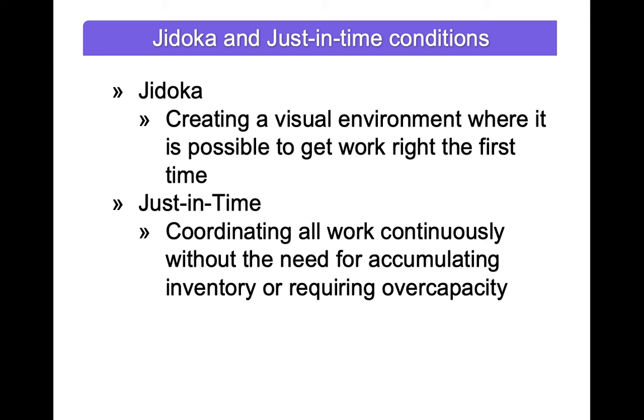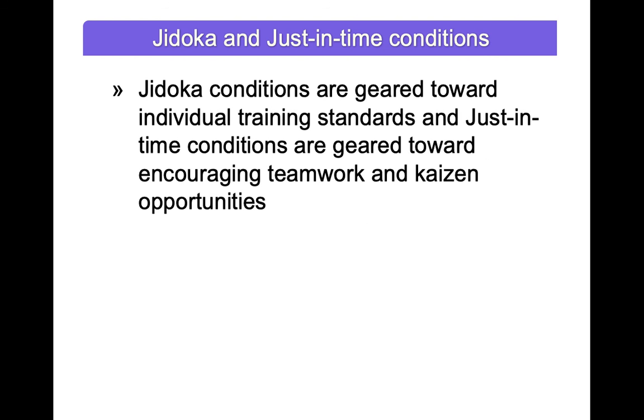Lean production especially. So Jidoka conditions are geared toward individual training standards, and just-in-time conditions are geared towards encouraging teamwork and Kaizen opportunities, which we'll talk about later. You probably already read about it in your text, though.